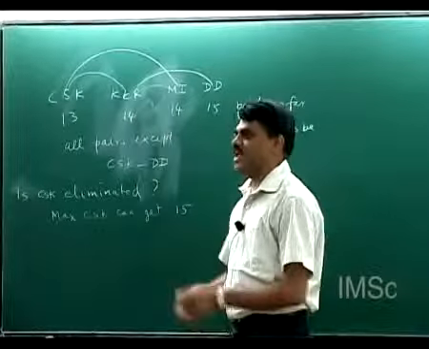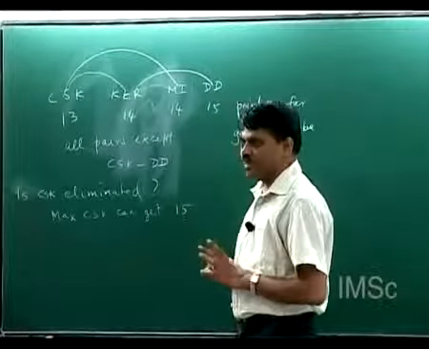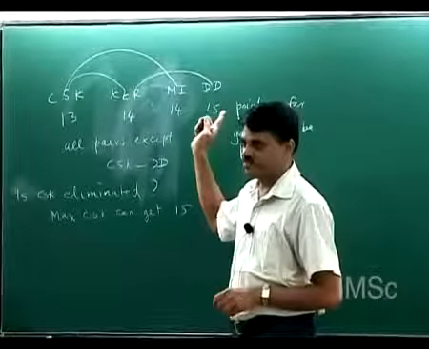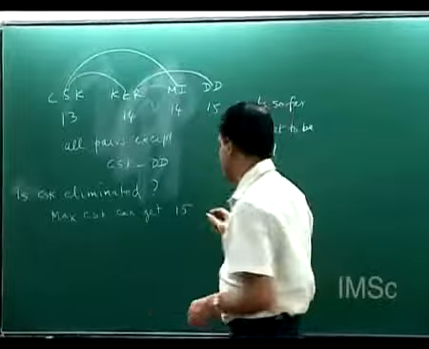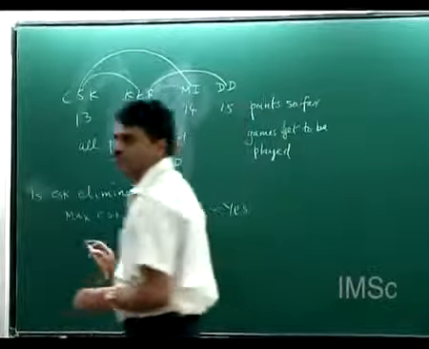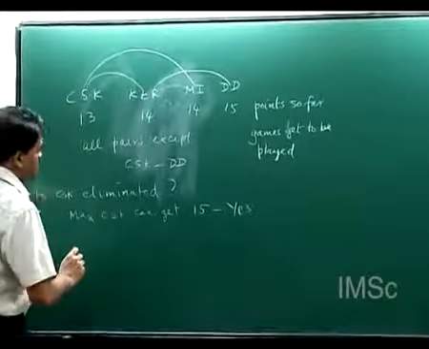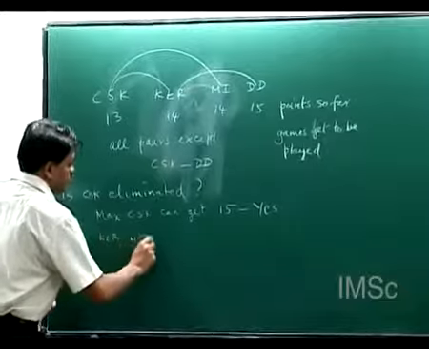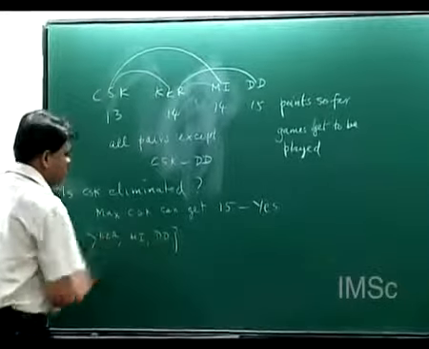So you can try all possible combinations here, and there is no way CSK can survive, because somebody is going to get more than 16. Here is an averaging argument to prove this. Look at this set. What is their score so far?